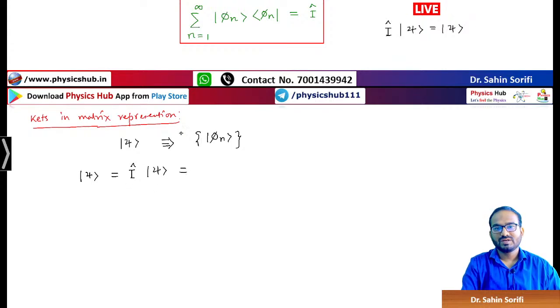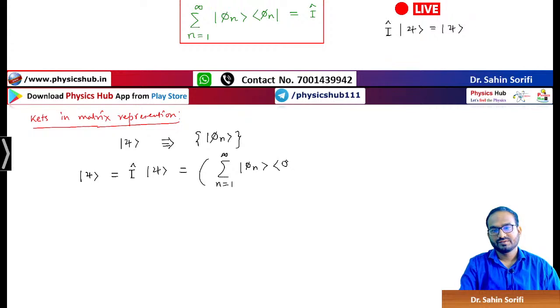Now what is I? I is this closure relation: the sum over n from 1 to infinity of ket phi n bra phi n, applying on psi.